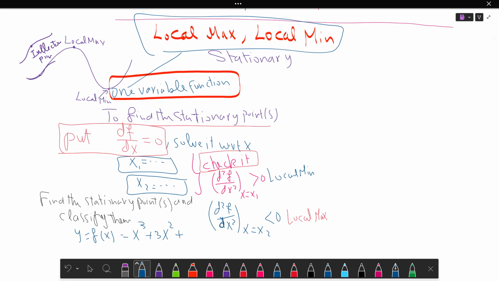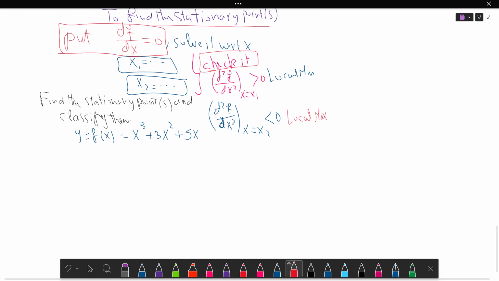So I have 5x. I will let you know why I chose this one. Solution. Yeah. The derivative: 3x squared plus 6x plus 5. And you put it equal to what?